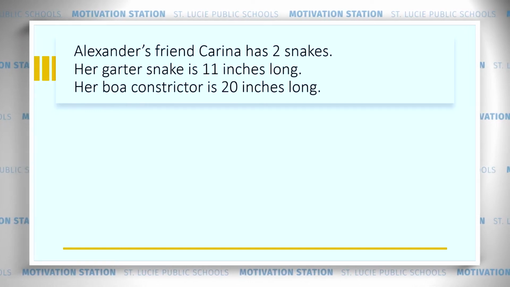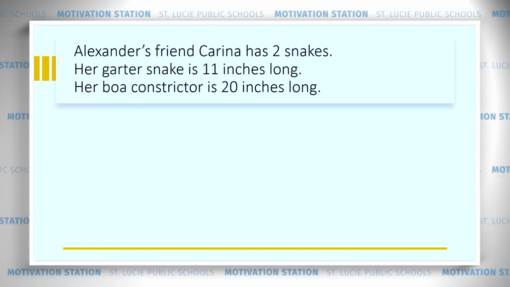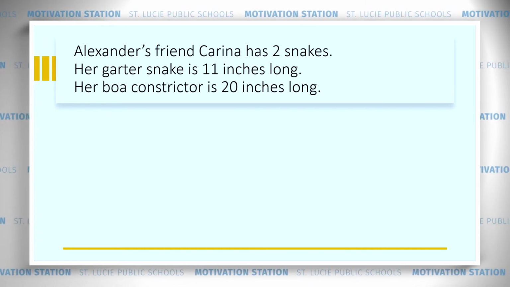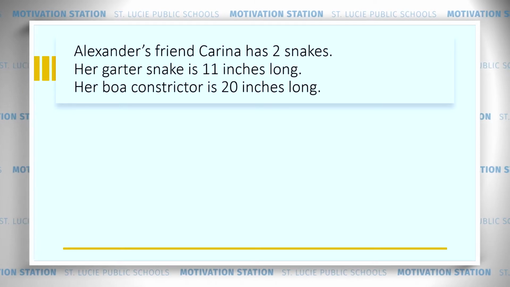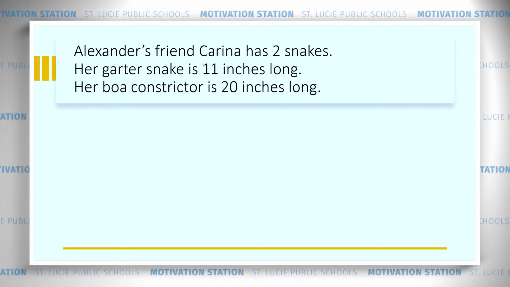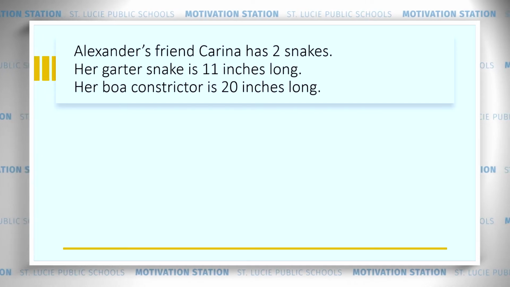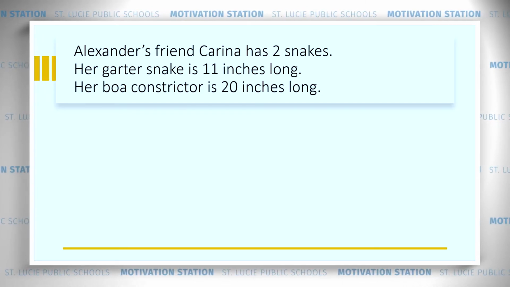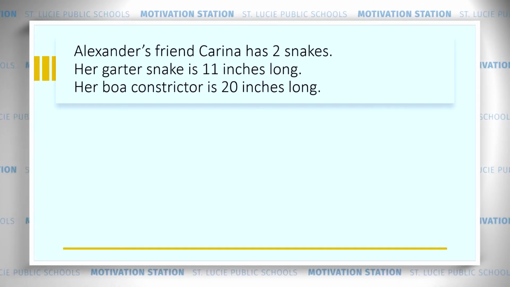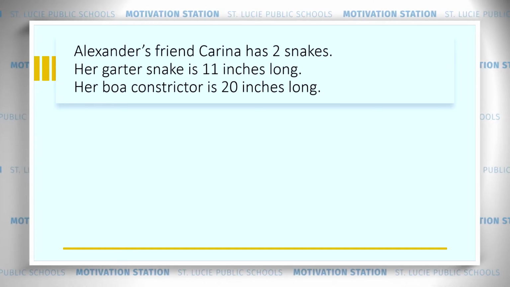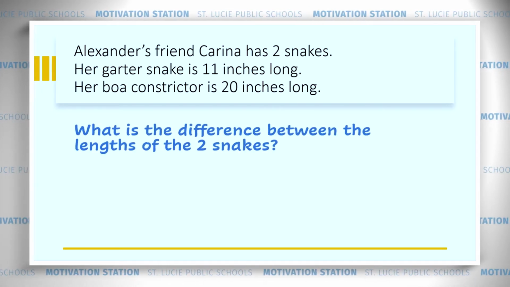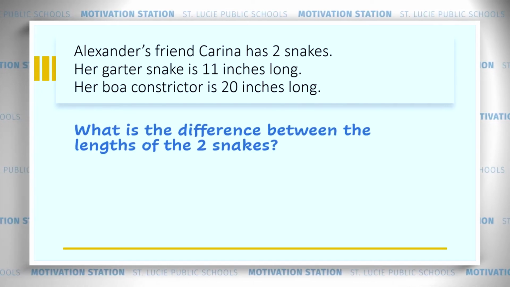For this one, you're going to come up with all three questions. I'll read the start for you. Alexander's friend Karina has 2 snakes. Her garter snake is 11 inches long. Her boa constrictor is 20 inches long. Can we come up with a question that uses the words the difference between? Of course we can. Did you say, what is the difference between the lengths of the 2 snakes?